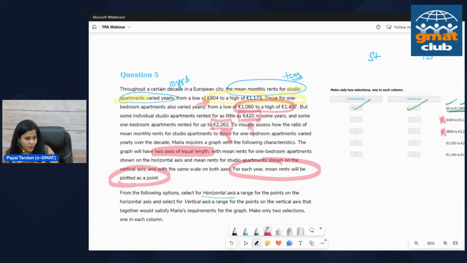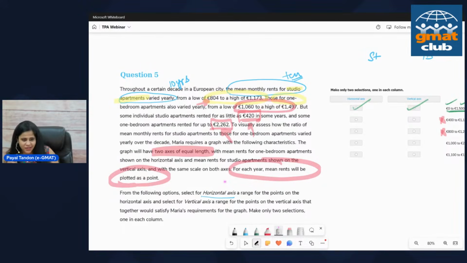So in this question, there was some additional information given to us, but we had to draw inference to understand that that information should not get in the way of our solving the question. There was this information here that we are only plotting mean rents, right? Which is where 420 and 2262 are not part of the scene.